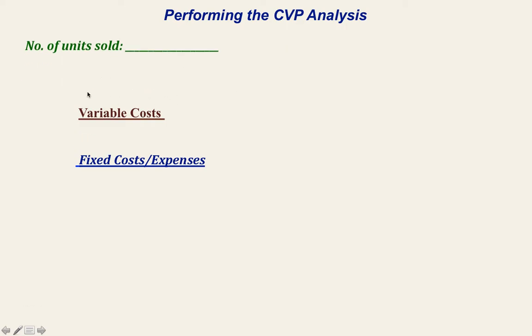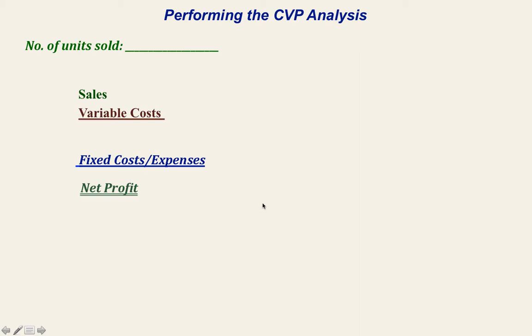In performing the CVP analysis, we are dealing with cost. That's why it's CVP. The two costs are the variable cost and fixed cost. And V stands for the volume of sales, so we will have here also the amount of sales. And P is for the profit.